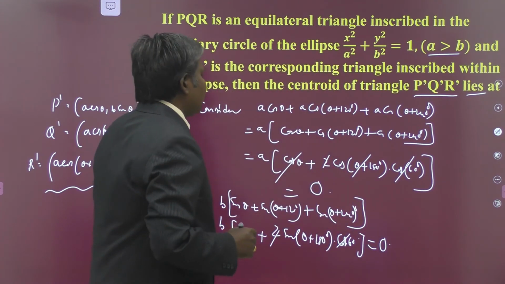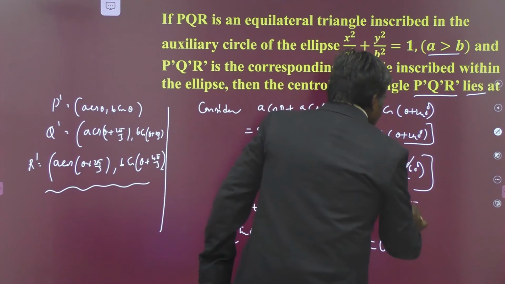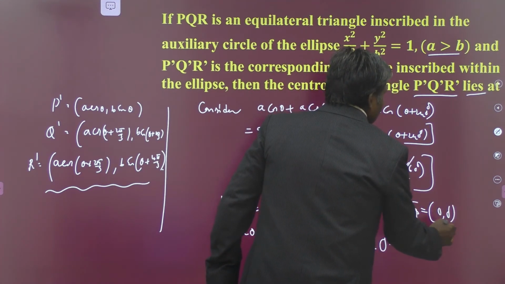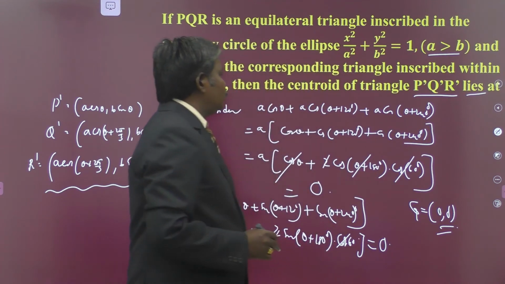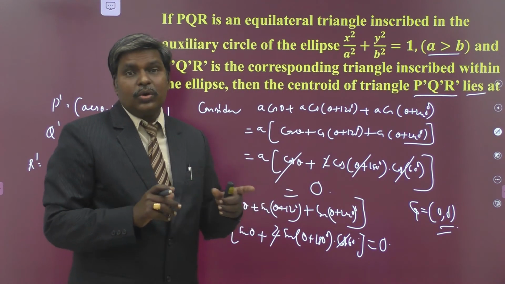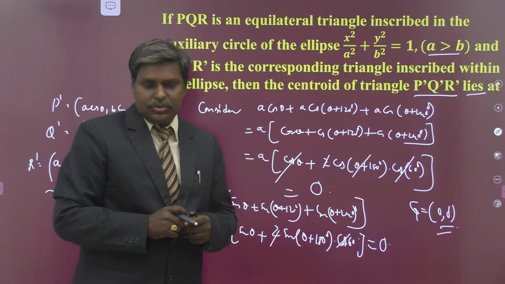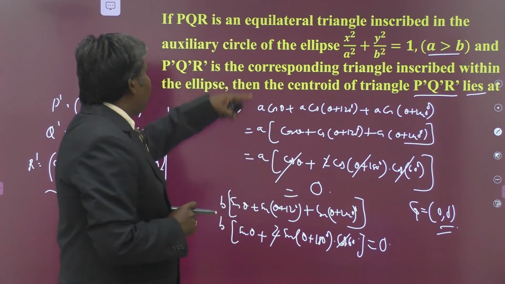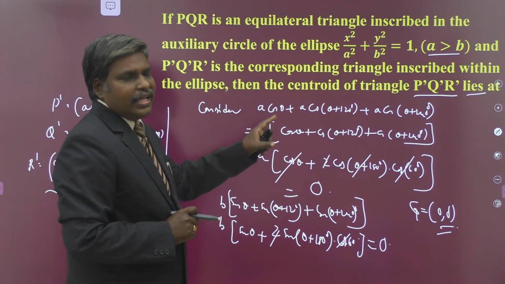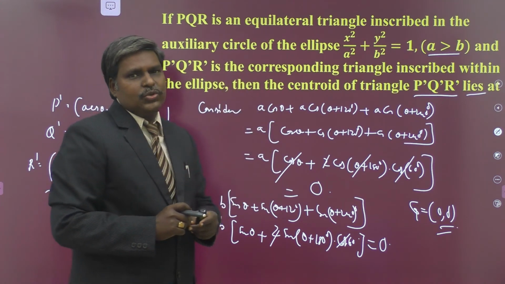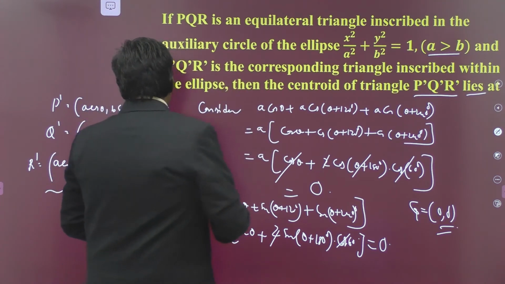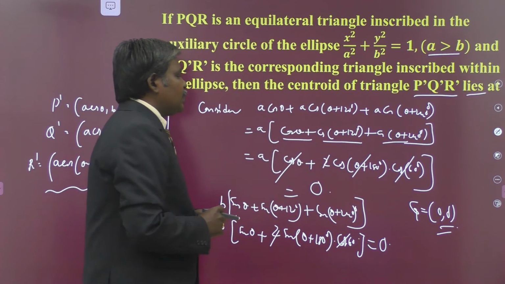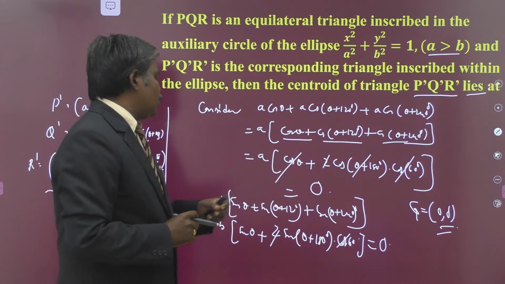So what are the coordinates of the centroid, my dears? The centroid G of triangle A'B'C' is (0, 0). So the major thing is you have to identify the coordinates of PQR first of all, and then you have to write P', Q', R'. After that you have the condition cos(theta plus 120) plus cos(theta plus 240) is 0.